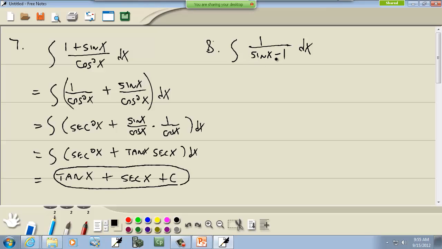Okay. Now, I've got this right here. If I let u equal the denominator, that's one of our techniques, the derivative of it would give us a cosine, which we don't have up on top. Now, I could put a cosine up on top and then offset it with a cosine on the bottom, but that wouldn't go anywhere.